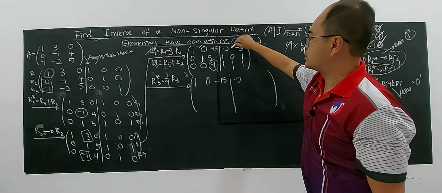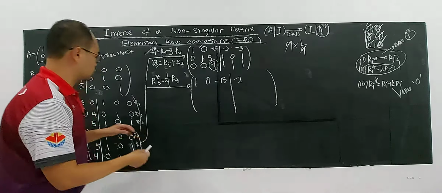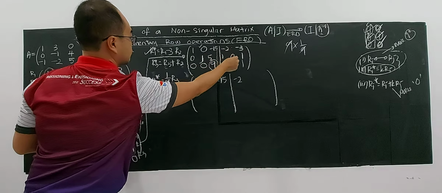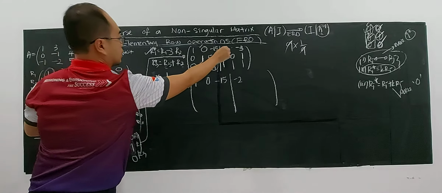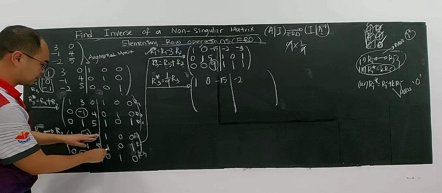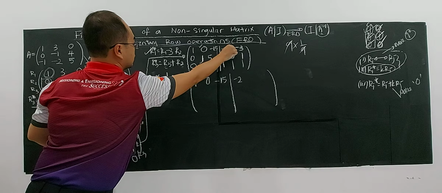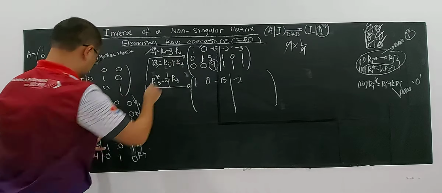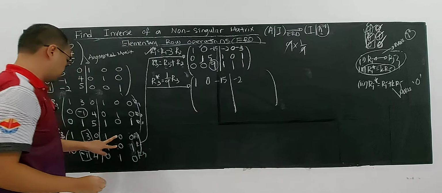So there is a number missing here, right? Negative 2. Let's double check again. Negative 2 for this is between row 1 and row 2, right? Row 1 and row 2, 1 and 1, you have negative 2. For this one, you have 0 and 0. Sorry, here will be 0.